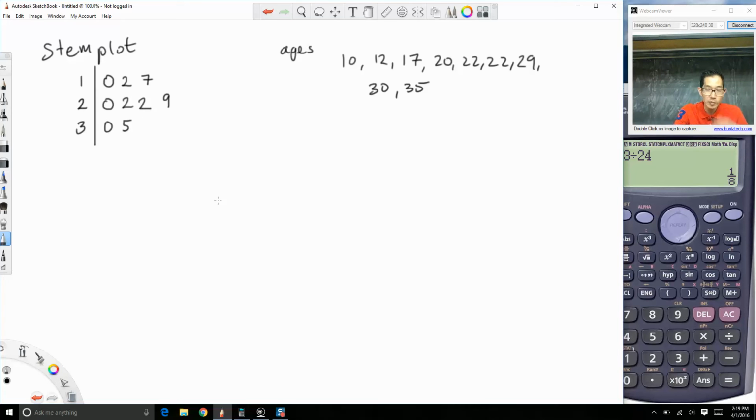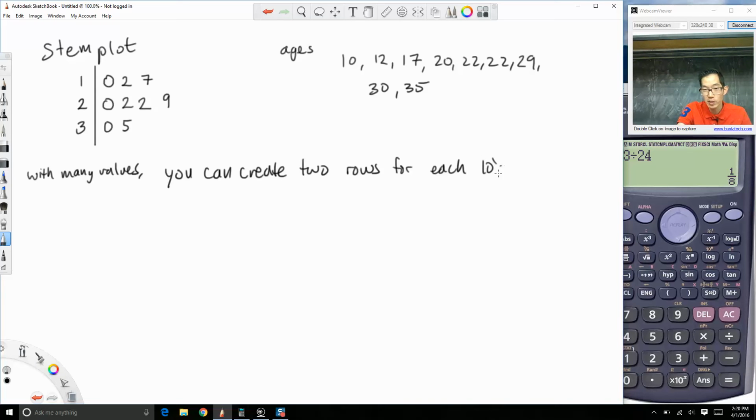Okay, if you have lots of values, with many values, you can create 2 rows for each tens place. Okay, and then you would basically have 1, 1, 2, 2, 3, 3.